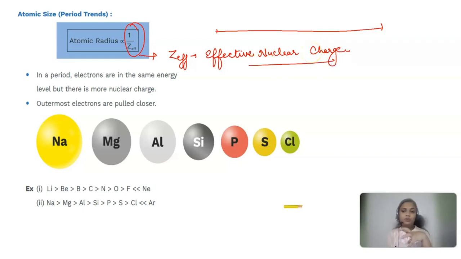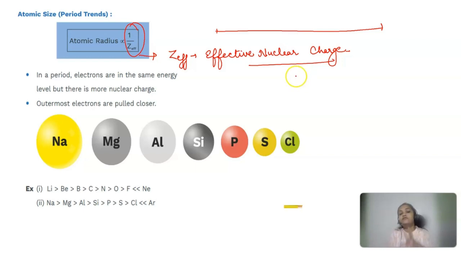So you know that nucleus is the one that is holding the electrons tightly, no? So what happens is that when we are moving left to right in the periodic table, electrons are getting added to the same shell. So nuclear charge is increasing, but since electrons are getting added to the same shell, same energy level is there, so nuclear charge increases, means the hold of nucleus on the electrons increases, means effective nuclear charge is more.